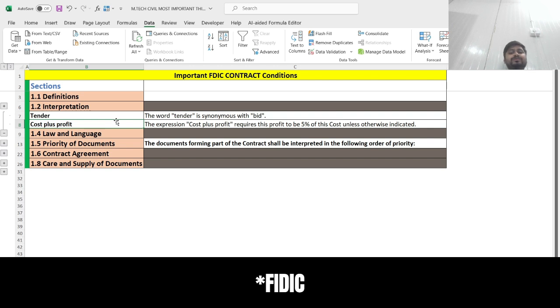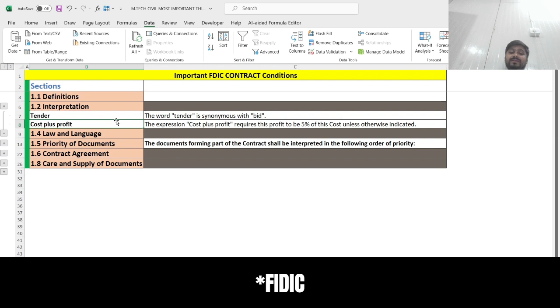Cost plus profit. So how does the contractor get cost plus profit? Let's say the contractor is executing a particular project, XYZ project. All right. And there is a schedule, and based on that schedule he has to complete that project within 20 days. And if he completes that project within 20 days, I mean on the 20th day or under 20 days, say on the 18th day, his employer will be very happy.